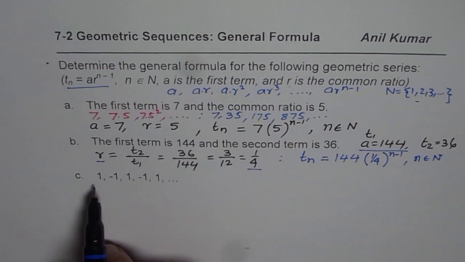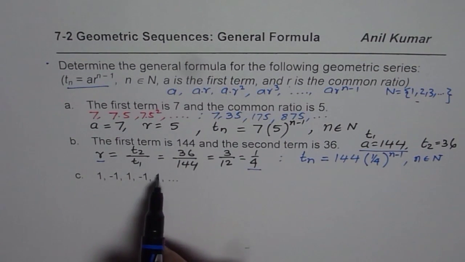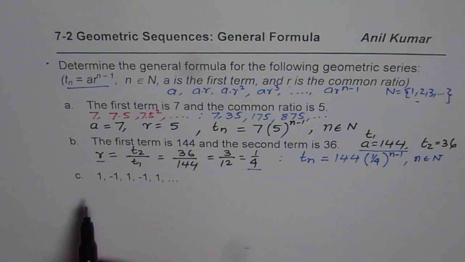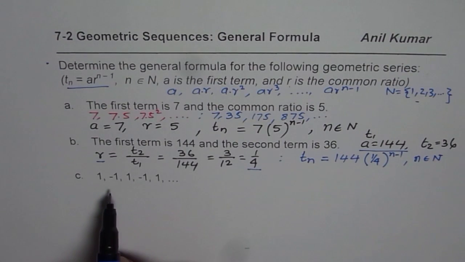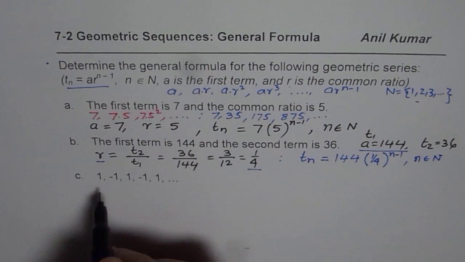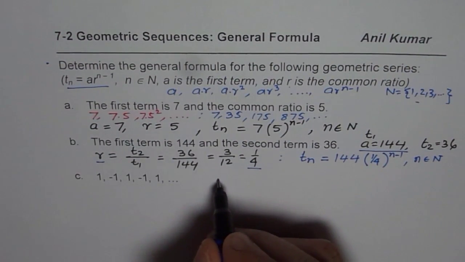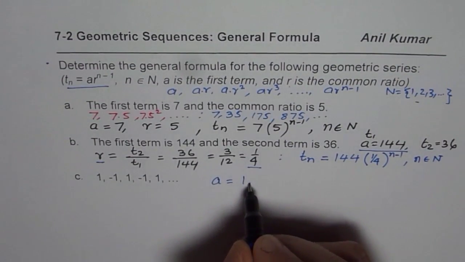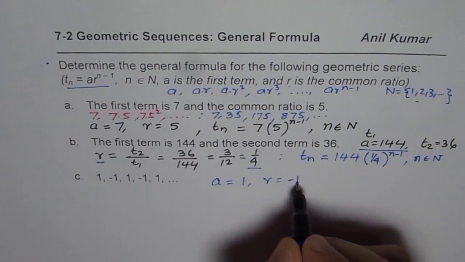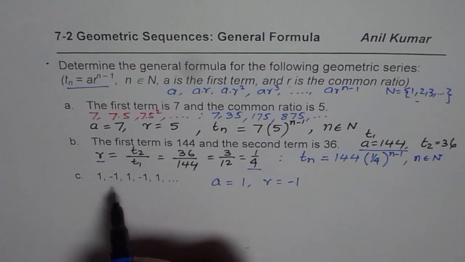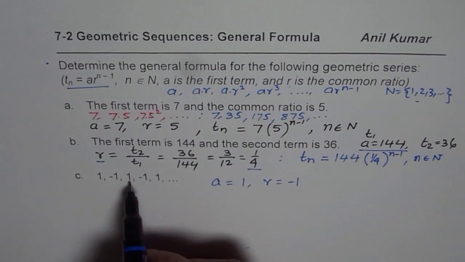Now let's see part C, which is 1, minus 1, 1, minus 1, 1, and so on. Is it a geometric sequence? It is. What is really happening here is that the first term a is 1 and r is minus 1. Next time when you multiply by minus 1, you get plus 1.